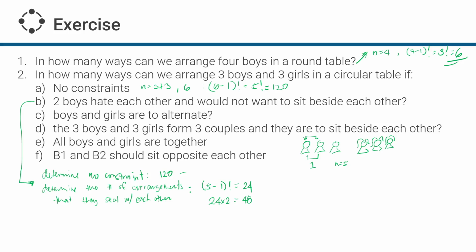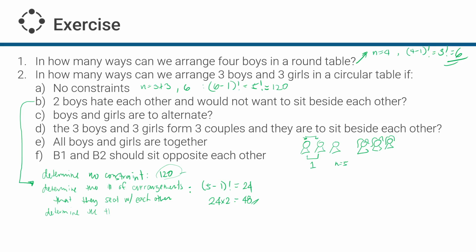Now, all of these 48 are the possible arrangements where they are sitting with each other, whether one is on the left or the other is on the right. Among the total number of arrangements, if we subtract the total number where they sit with each other, what we will get is the number of arrangements where they will not be sitting with each other.